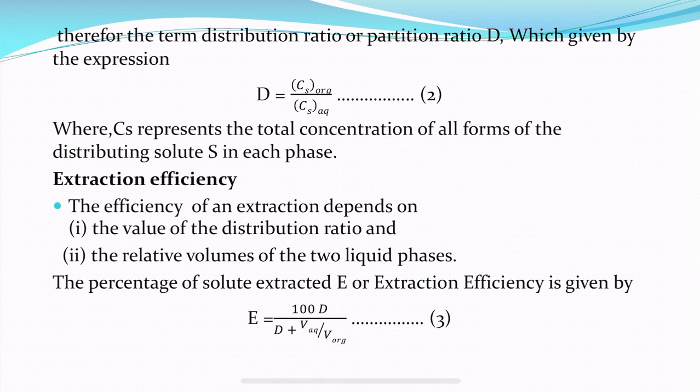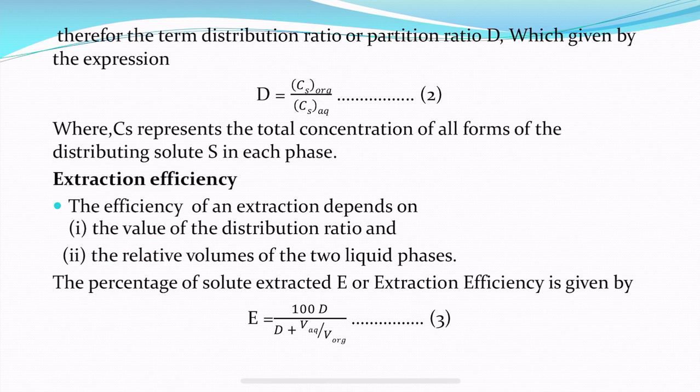Always, efficiency means how economically or how good the results are that we are obtaining. Efficiency means in what percentage, in what good terms we are achieving the extraction. So, that is what is meant by extraction efficiency, and it depends upon two terms: the value of the distribution ratio and the relative volumes of the two liquid phases.